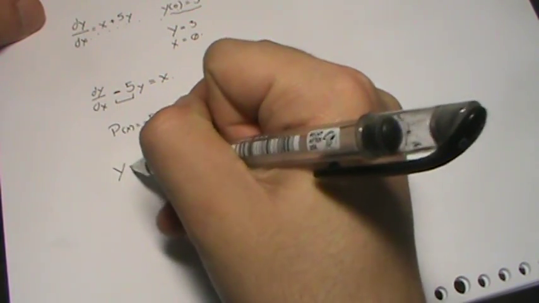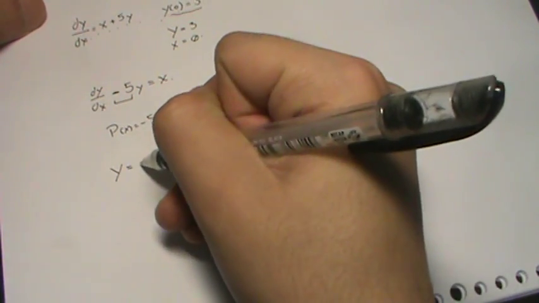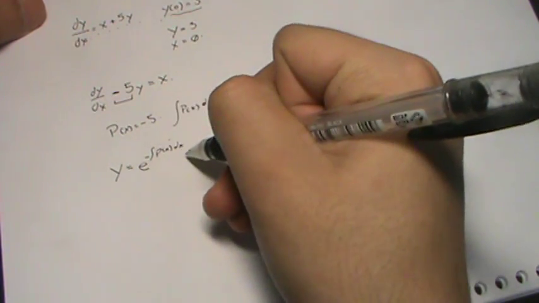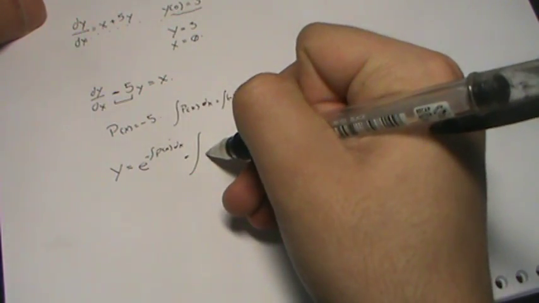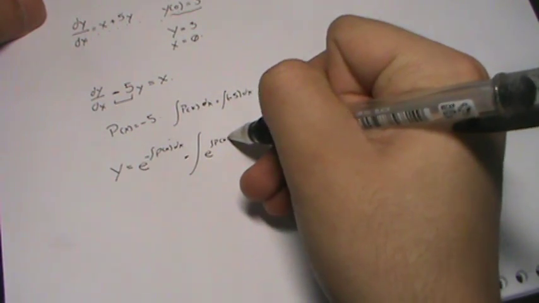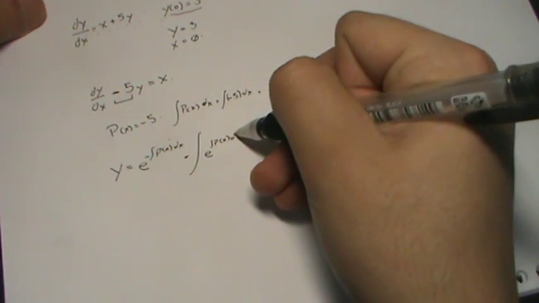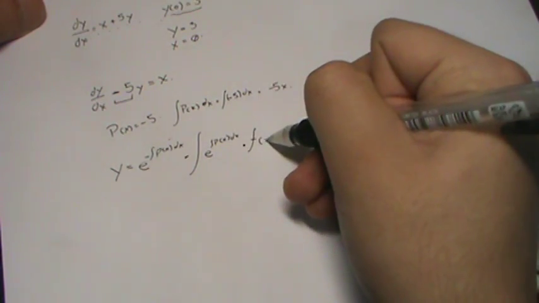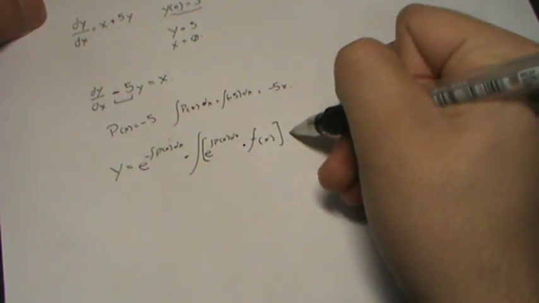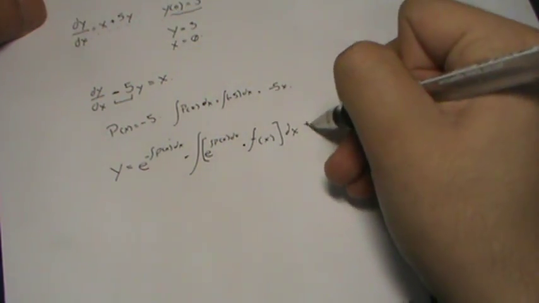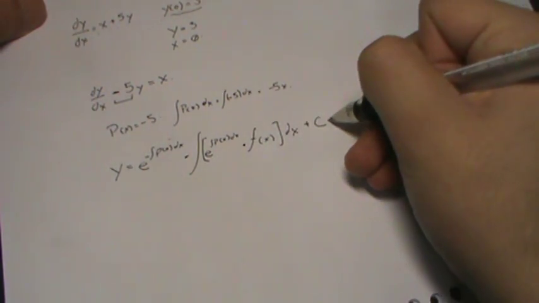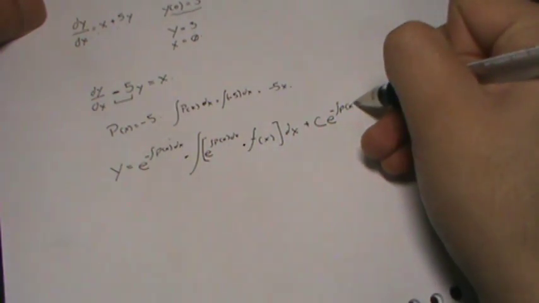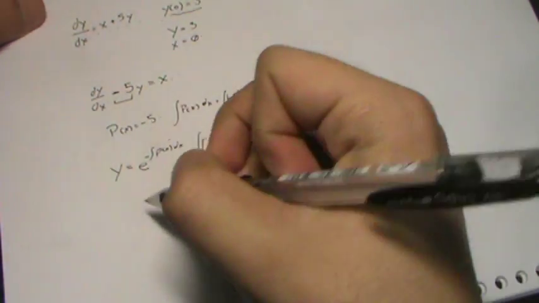So we have y equal to e to the minus integral of p of x dx, times the integral of e to the positive integral of p of x dx, times f of x, times dx, plus c times e to the minus integral of p of x dx.